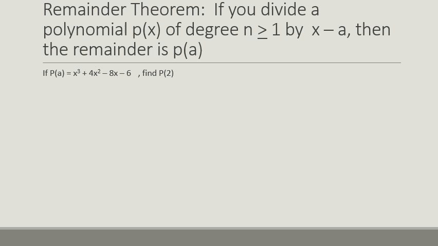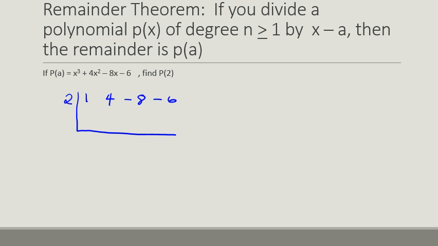We also have the remainder theorem, and it says if you divide a polynomial by x minus a, then the remainder is p of a. So what does that mean? So if I want to find p of 2, I'm just going to use synthetic division. Okay, so I've got 2 using my coefficients, 1, 4, negative 8, negative 6.